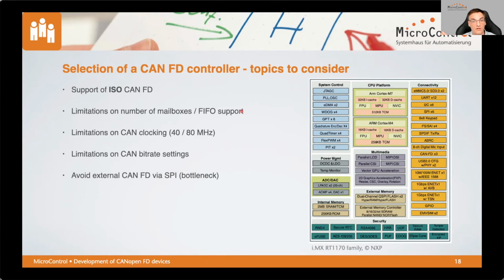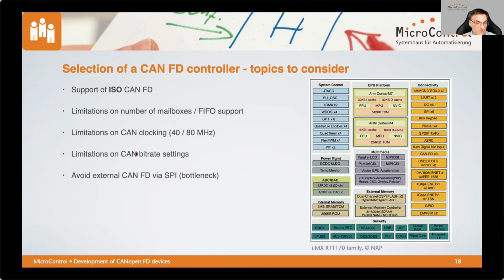Next limitation is, of course, the clocking. I already talked about 40 and 80 megahertz of clocking. So this should be possible with the clock tree to achieve these two possible clockings, especially now the 40 megahertz. The next point are limitations on CAN bitrate settings.